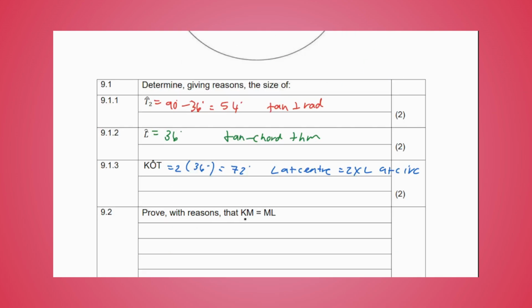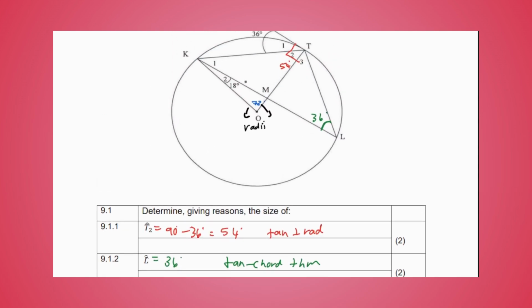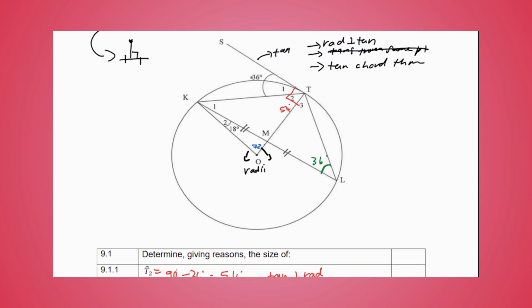And now we are going to prove that these two sides are equal in length. So if you go look at it, they are asking you to prove that this side and this side are equal in length. Okay, so this is not a story about an isosceles triangle because this is a straight line, which is what should be reminding you of what we said earlier about the relationship between a chord and a line from the center.